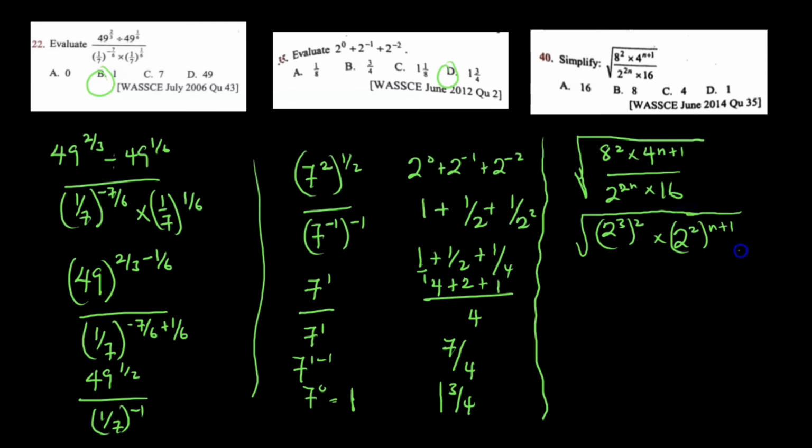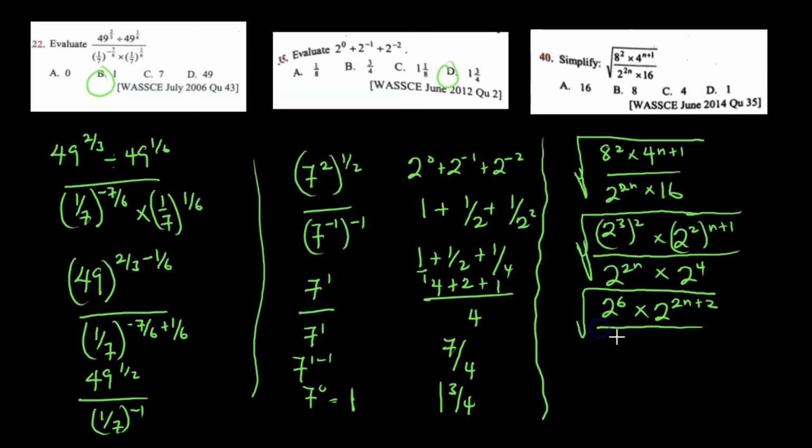Then the denominator becomes 2 to the power 2n, which is maintained, times 2 to the power 4. Now when we simplify the numerator, since the bases are the same, the numerator is going to be 2 to the power 6, because 3 times 2 is 6, times 2 to the power 2n plus 2.